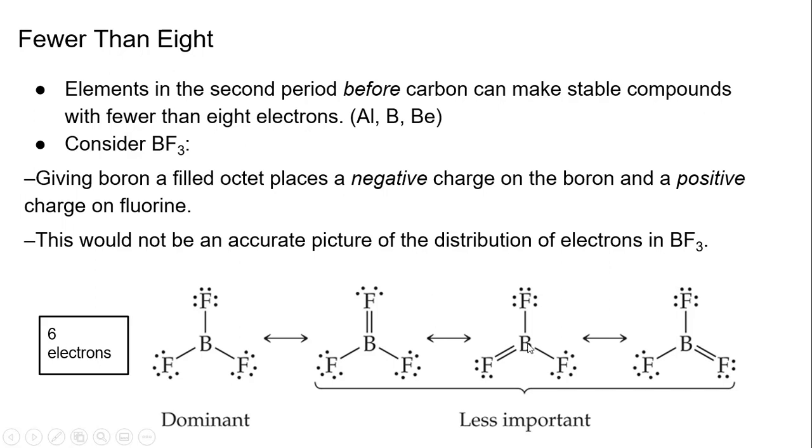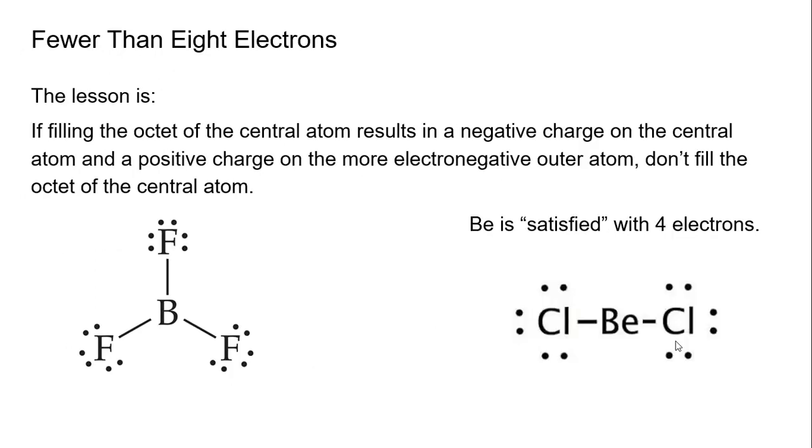Boron's not supposed to be more electronegative than fluorine. Fluorine is the most electronegative atom on the periodic table. So these are not stable. So it would be this one, which means it would have 6 electrons and not the 8 that are filled here. If you haven't covered the formal charge video, I strongly suggest you do, because all of this is related to formal charge.